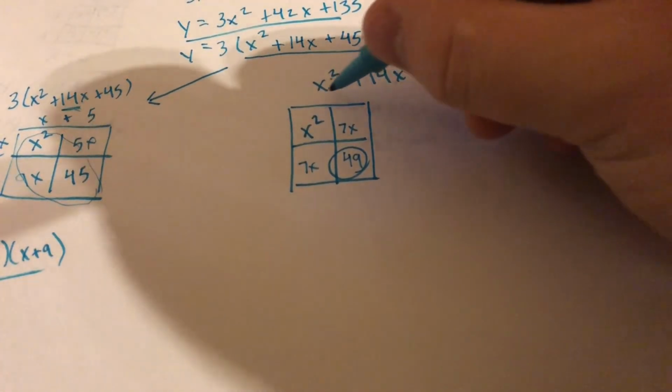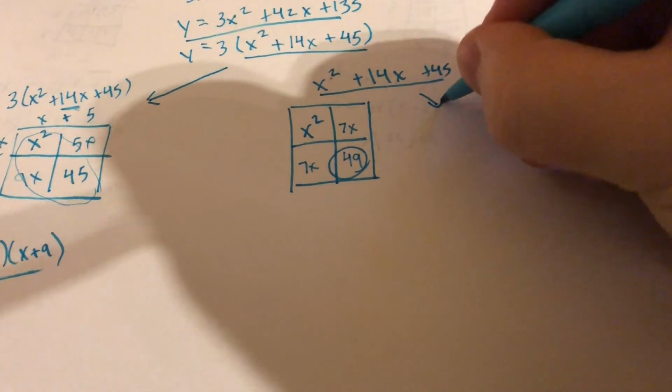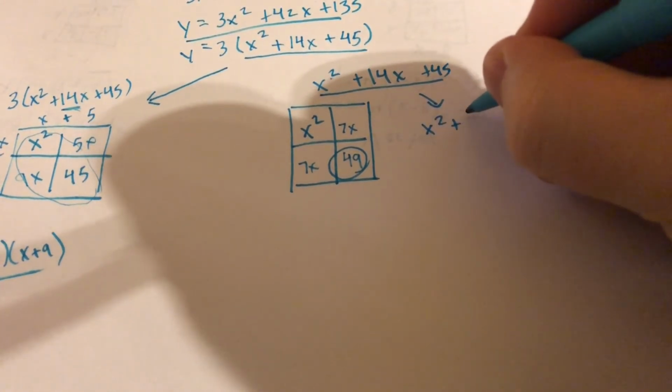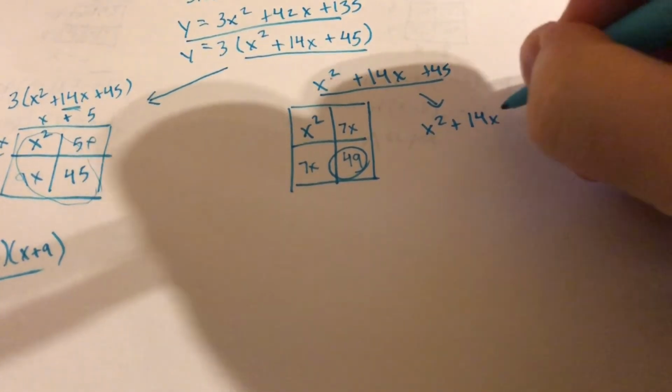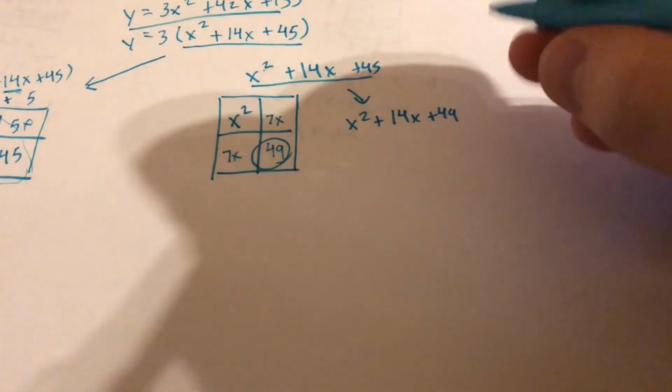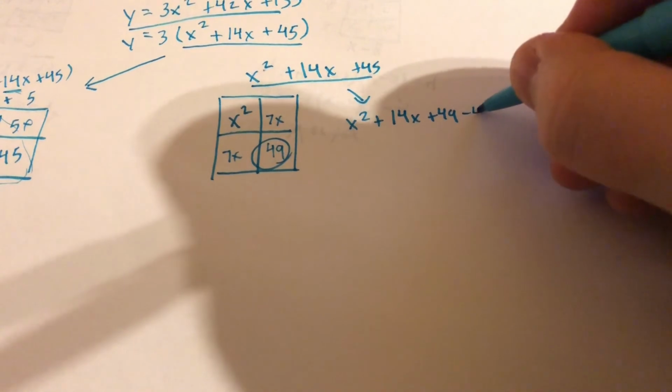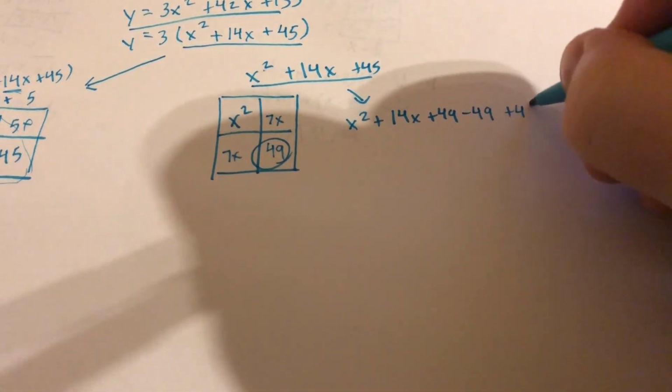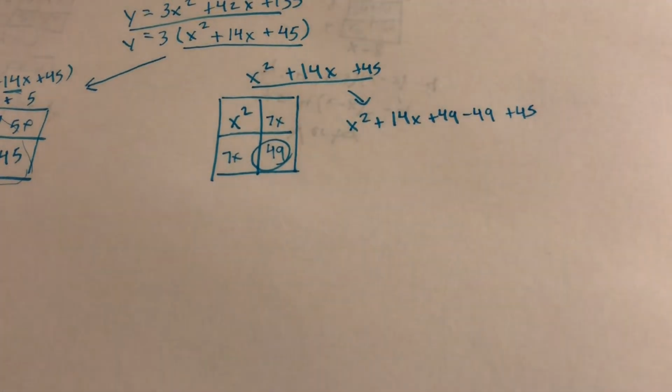But with this expression here, I can't just add a 49 randomly. If I add it to my expression, I also have to subtract it. Okay? We can't add something without taking away.